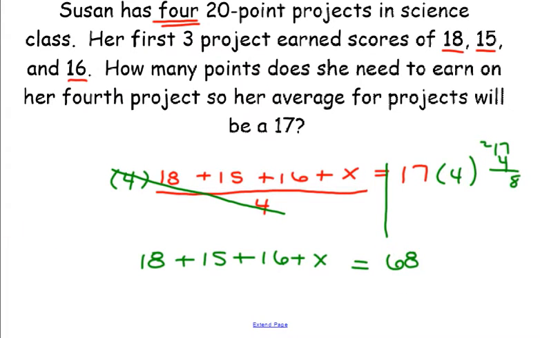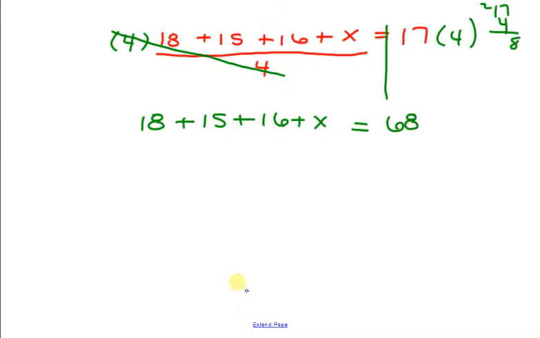Okay? Now, all we do is combine like terms and solve. So we have 15 plus 18 plus 16, and that's going to give us 49. Bring down the rest of the problem, and now we have a one-step equation. We're going to box the variable. This 49 is being added, so we're going to subtract it.